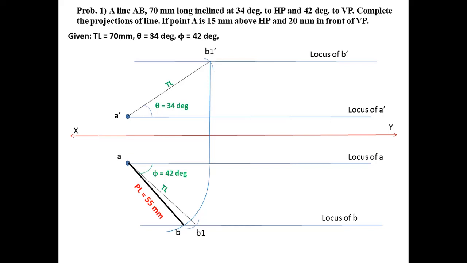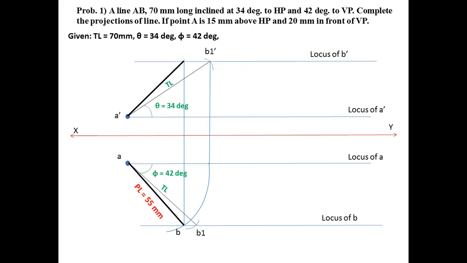As diagram shows, the A dash and A lie on the same vertical projector. Here the point B and B dash will also lie on the same vertical projector. So by using this rule, we'll draw a vertical projector from B. It will intersect the locus of B dash and it will give the end point of apparent length in front view, that is end point of elevation length.